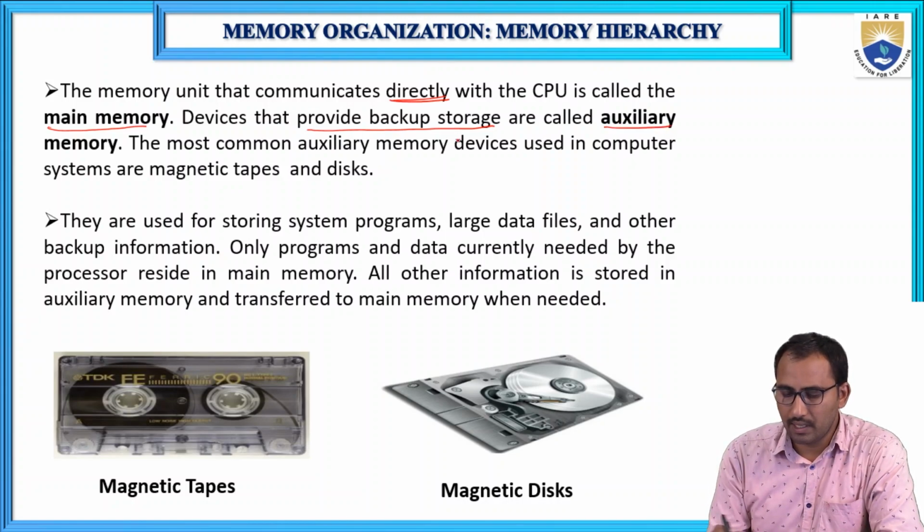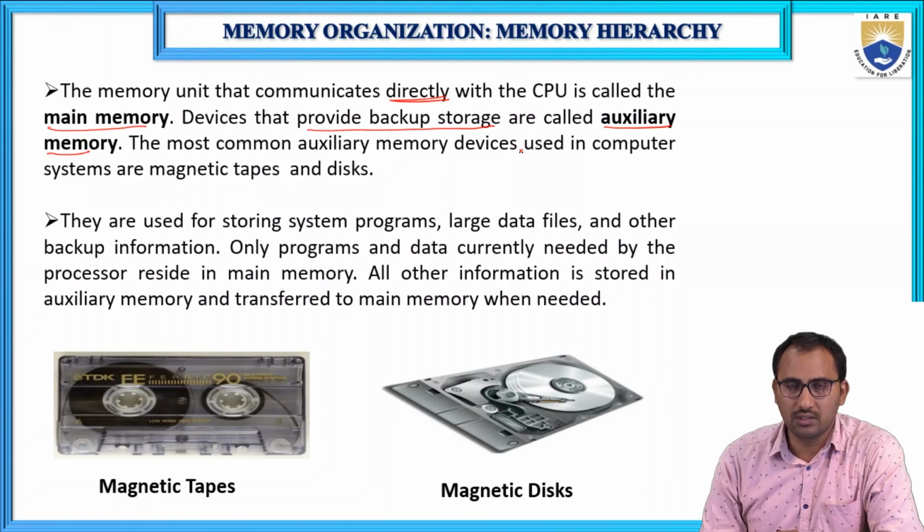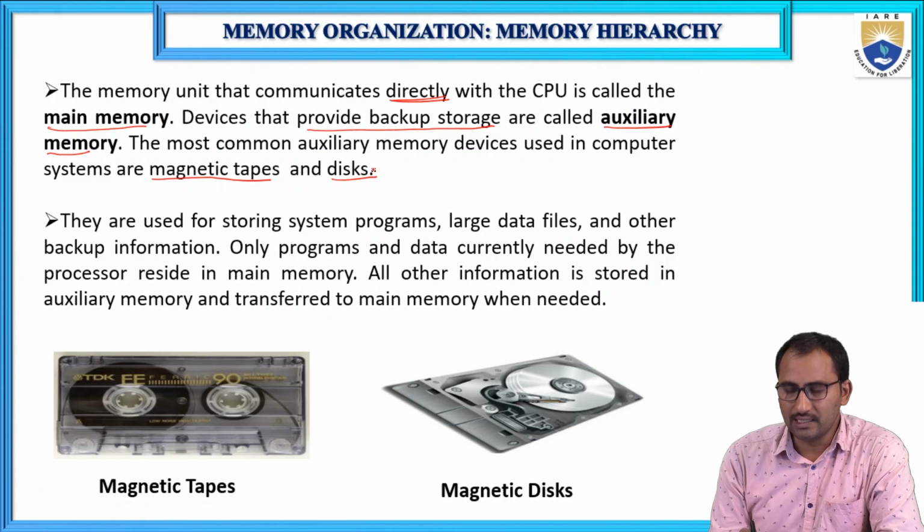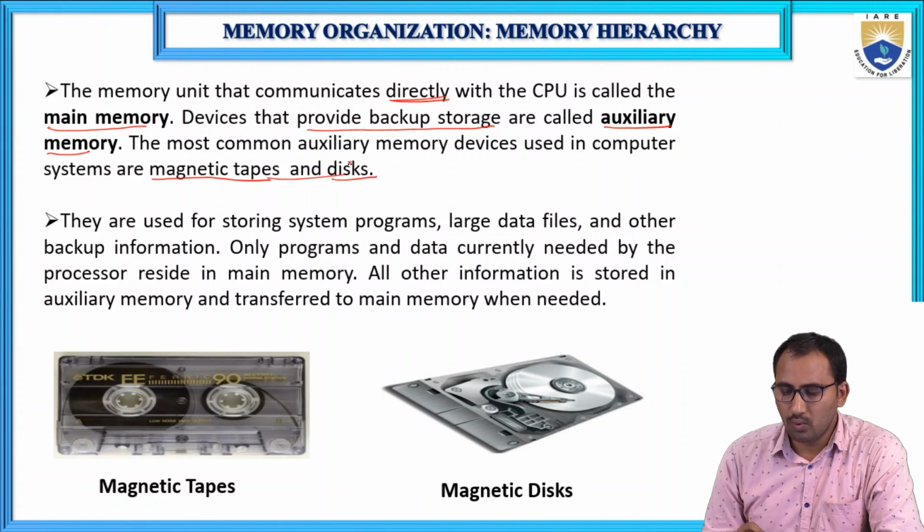The most common auxiliary memory devices used in a digital computer system are magnetic tapes and magnetic disks, and also hard disks and pen drives. Here you can see the physical structure of magnetic tapes.